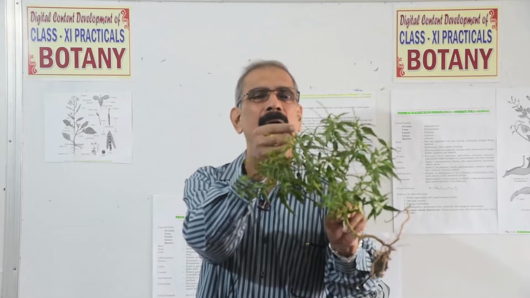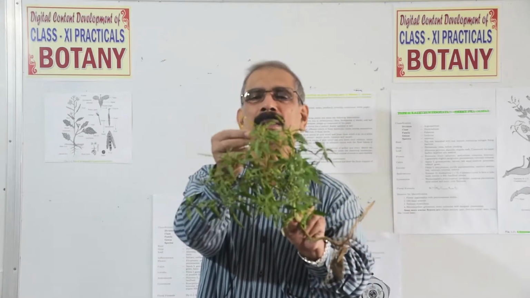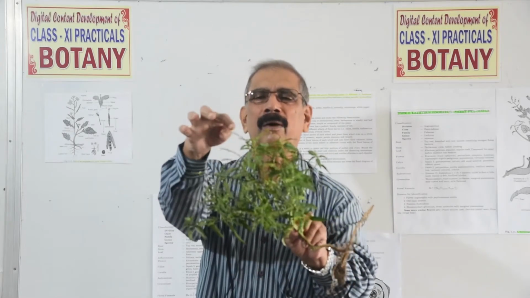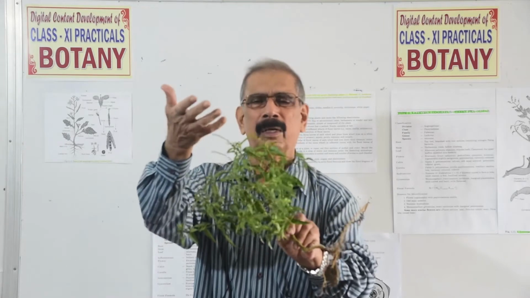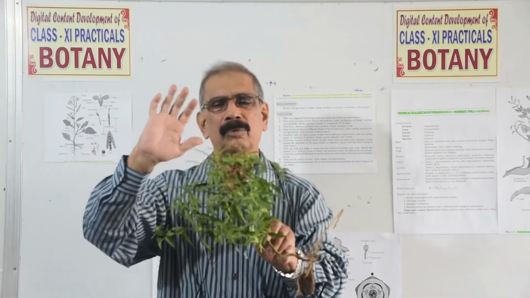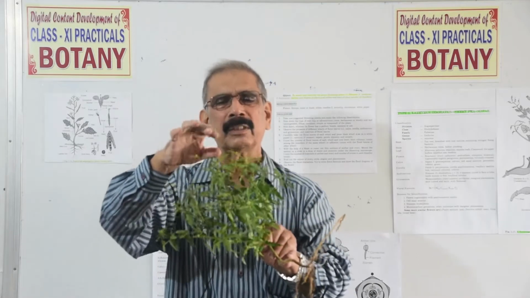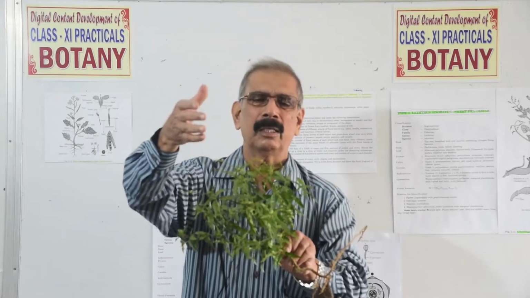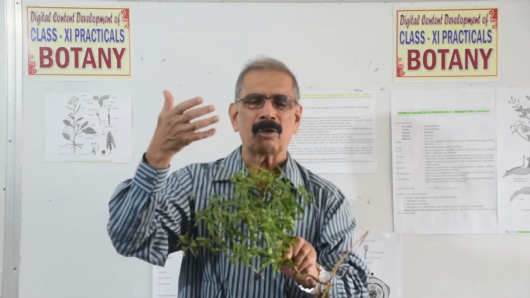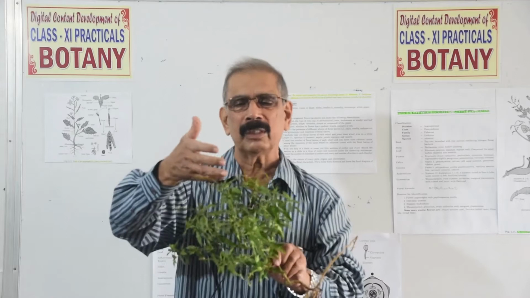You can see the flowers here. These are the flowers, very small flowers, very typical, belonging to Euphorbiaceae. You should not have to tell the students that this is Euphorbiaceae, but these are the flowers. The branches are terminated by the inflorescence.